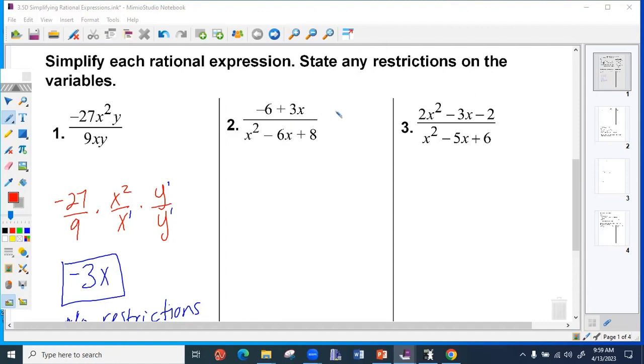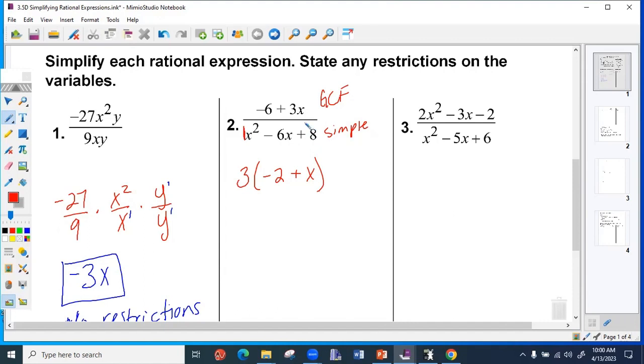First thing, this is a binomial. It is not difference of 2 squares. So the first thing you should always check for is GCF. Is there a GCF? What is it? 3. So I'm going to factor out 3 and I'm left with negative 2 plus x. Our numerator's done. Our denominator is a simple trinomial. It's simple because your a value is a 1.